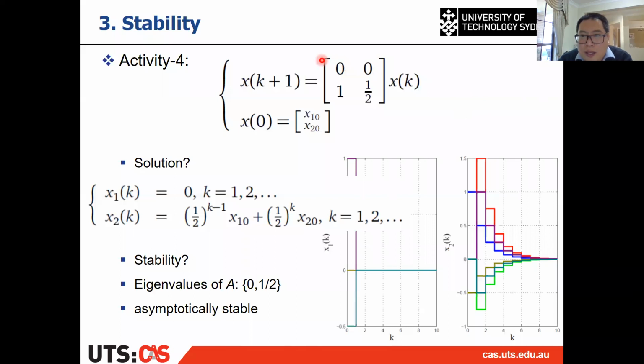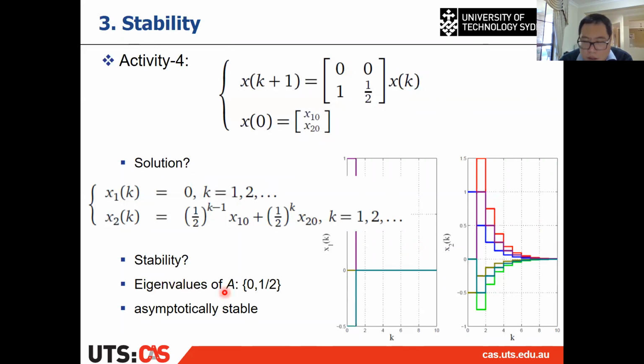This one is a bit special, so we can calculate inside, but you don't have to in the real case. So this is the solution, and we can also draw the figure about changes of the state.